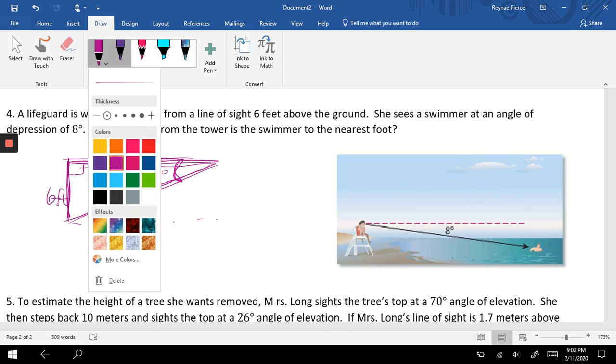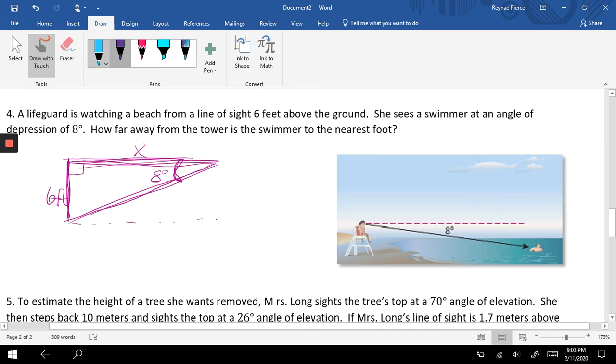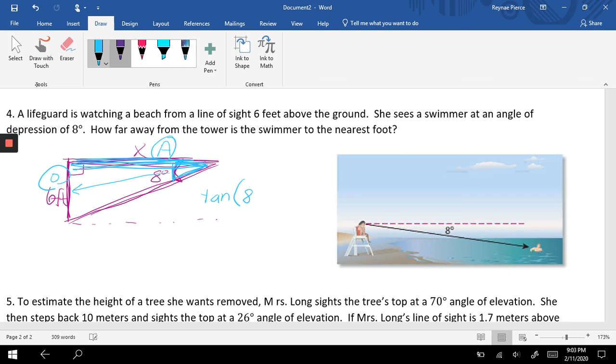Okay, so we label in relation to this angle here. Okay, 6 feet is opposite. Surprise, surprise. X is adjacent. And again, tangent of our angle is the side opposite over the side adjacent.